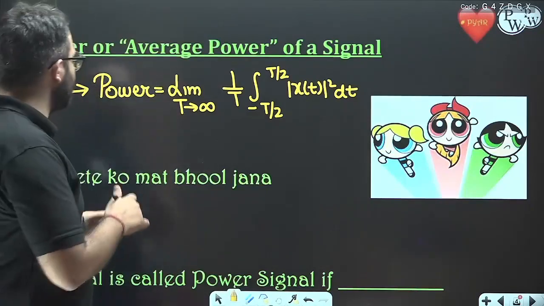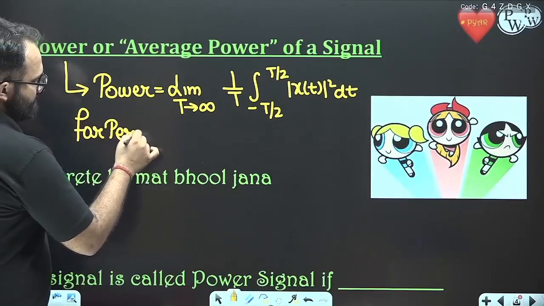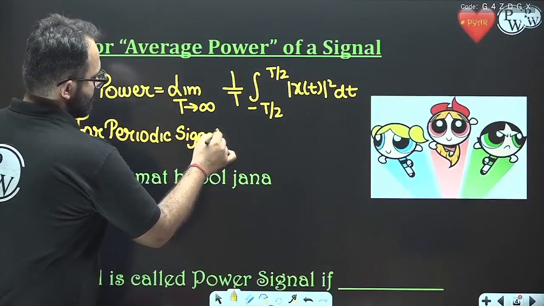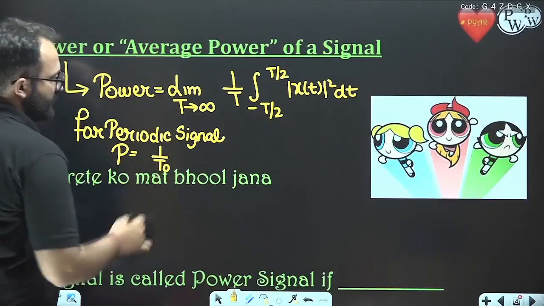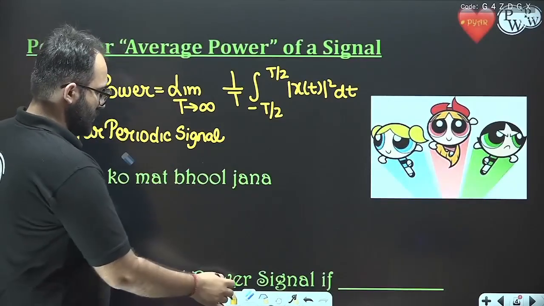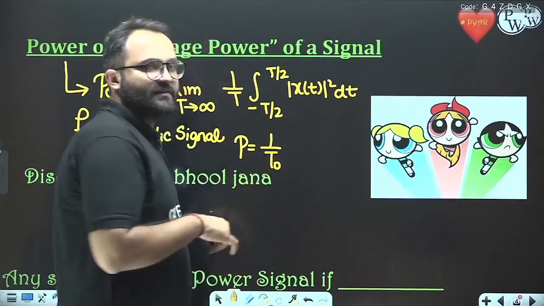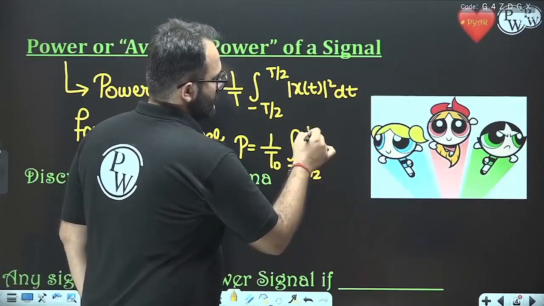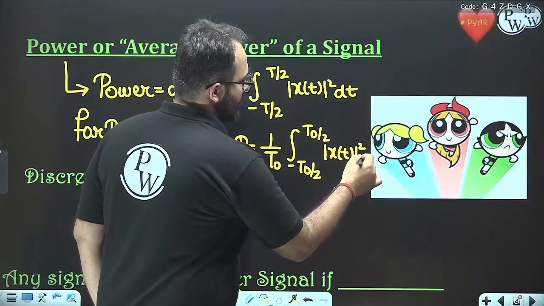For a periodic signal, the power is calculated by 1 upon T naught, where T naught is the time period of the signal, integration from minus T naught by 2 to T naught by 2 of mod of x(t) whole square dt.